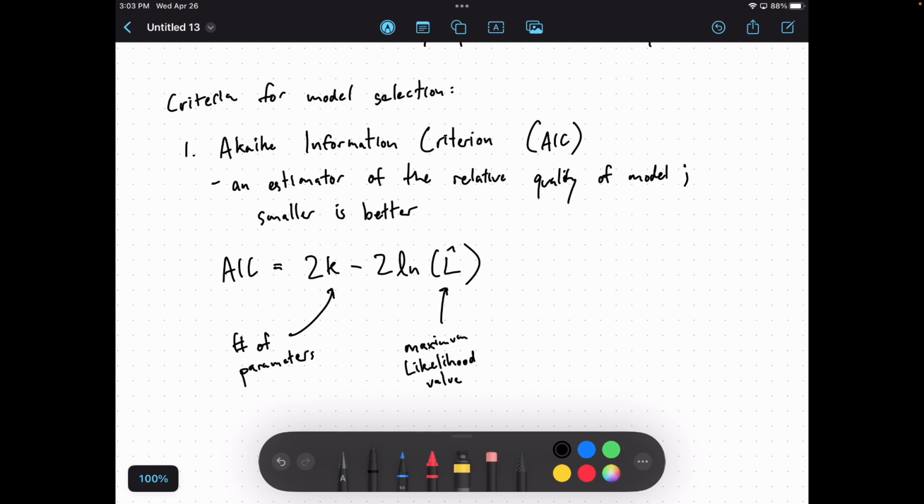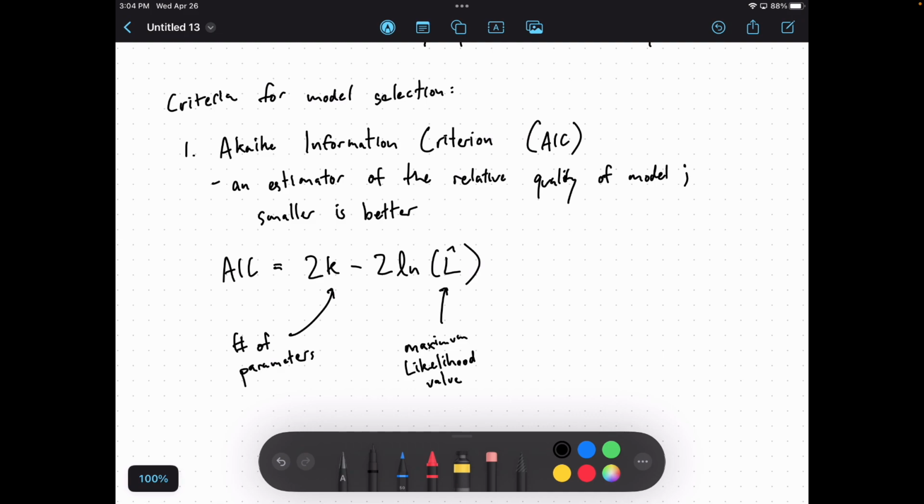So my likelihood is essentially a measure of how right the model is. Generically speaking, the better the model is at predicting the outcomes, the higher this value is. So you have a negative associated with the likelihood value, and so this term will make my AIC smaller, right?